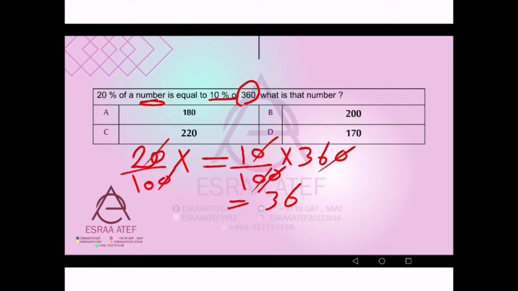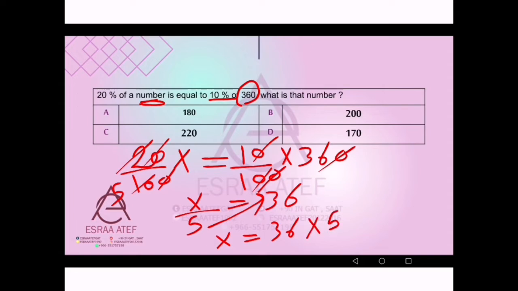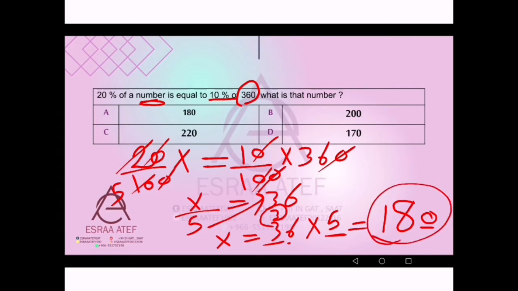This 1 goes with this 1, so we have 2x. We can simplify again: 2 over 10 becomes 1 over 5, so x over 5 equals 36. By cross multiplication, x equals 36 times 5, which is 180. 5 times 6 is 30, write 0 and carry 3. 5 times 3 is 15, and 3 makes 18, so the answer will be 180.